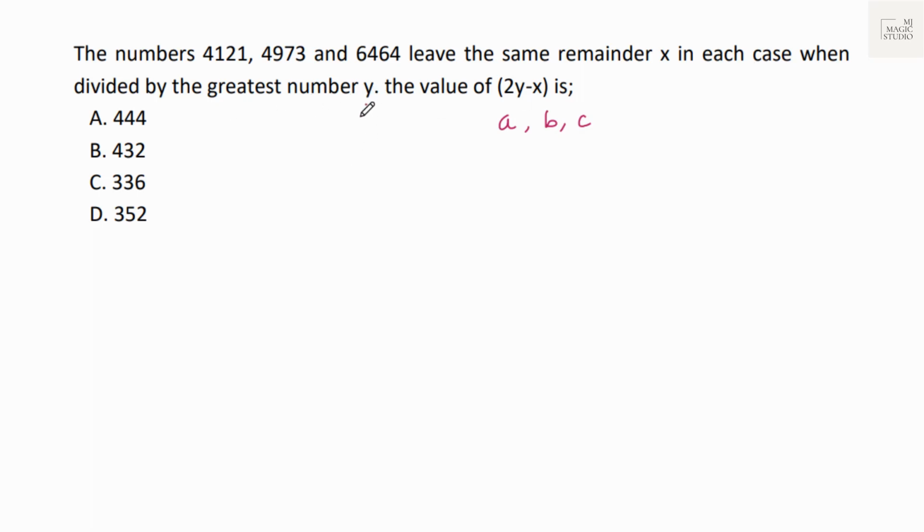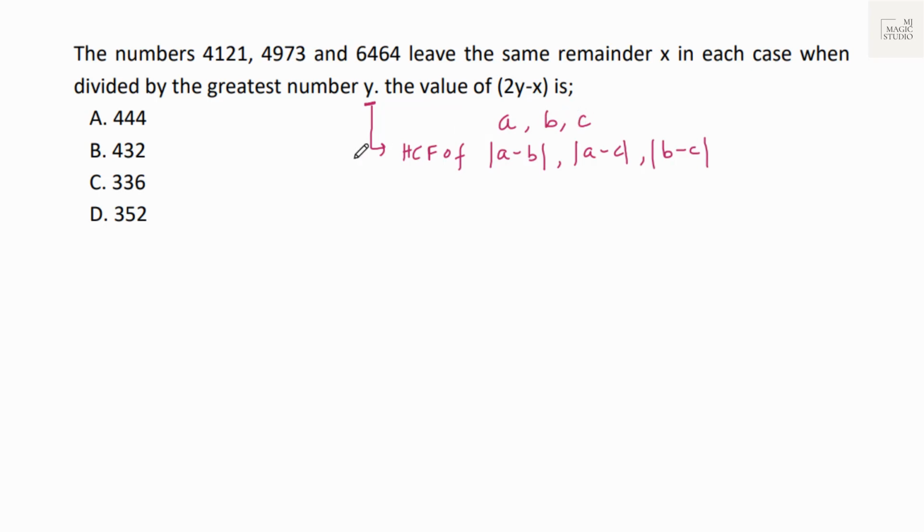This greatest number y is nothing but the HCF of the differences of these three numbers in pairs: A minus B, A minus C, and B minus C. We first find the differences in pairs, and then find the HCF of that. That will be the greatest number which, when it divides the given numbers A, B, C, gives the same remainder.